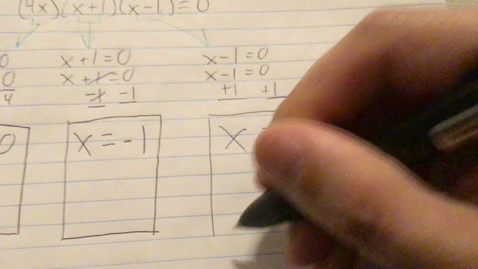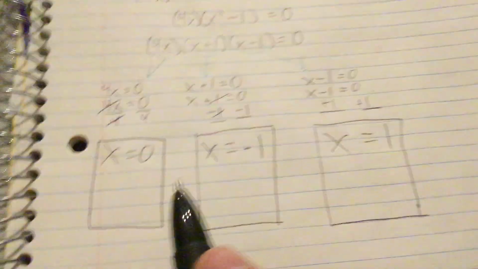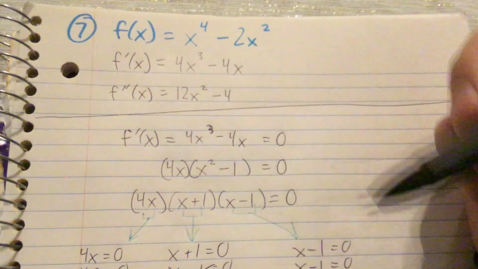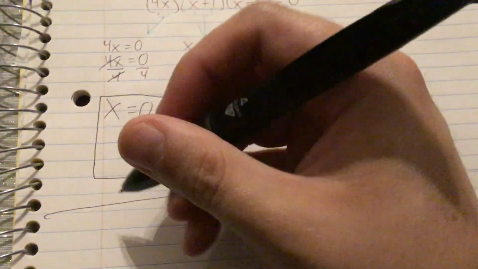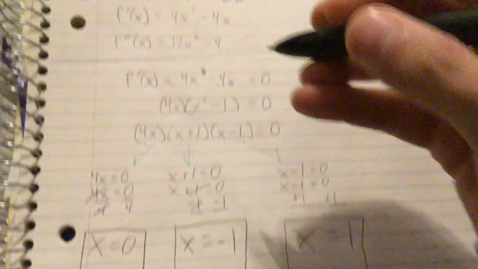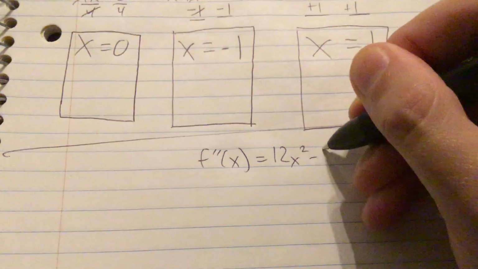So I've got not 1, not 2, but 3 critical points, and I've got to determine whether these are local mins or local maxes by using the second derivative test. So let me just draw a little divider over here. Recall that f double prime of x is equal to 12x squared minus 4, so I don't have to keep looking up.